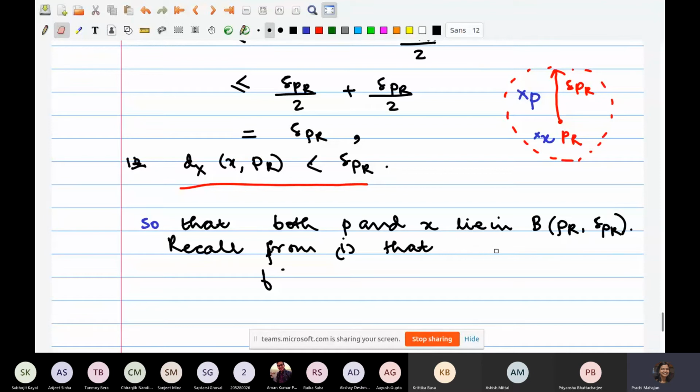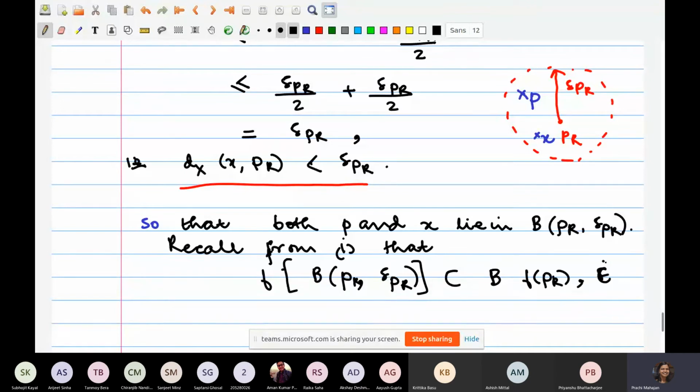So this is saying that if I apply it to pk, delta pk, you pick any point in this ball around pk of radius delta pk, then f is going to map it into, which means that the image is going to be inside this ball centered at fpk, epsilon.